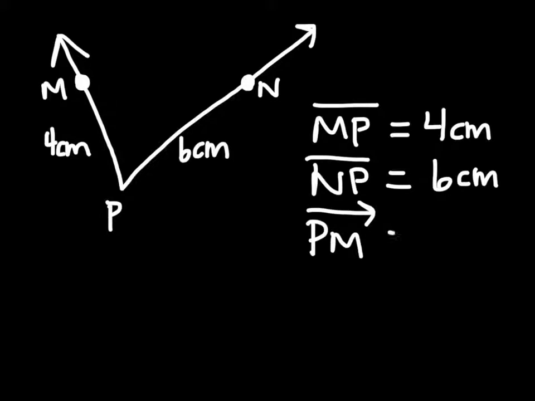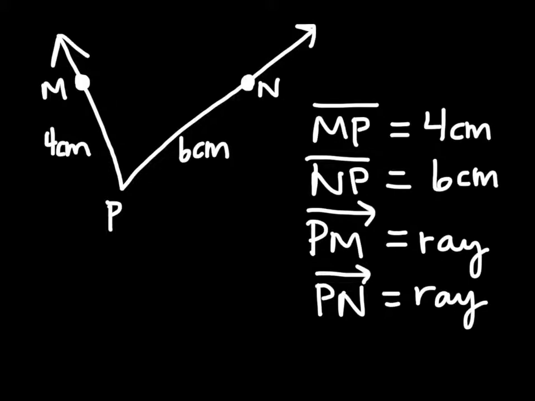In this case, however, we do not put the letters in alphabetical order because the endpoint of the ray is P. We have a second ray, which is PN. And finally, we have our angle, angle P, and the measure of angle P is 80 degrees.